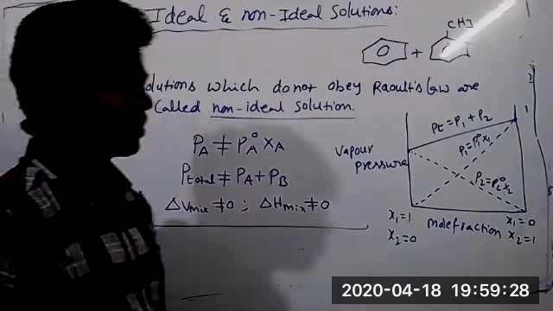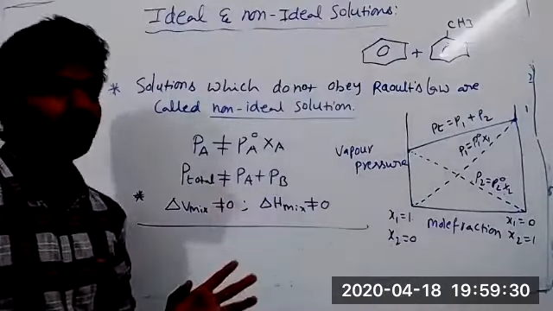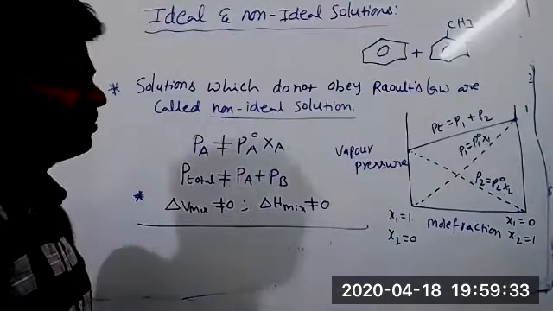The non-ideal solution is now classified into 2 types: positive deviation from Raoult's law and negative deviation from Raoult's law.